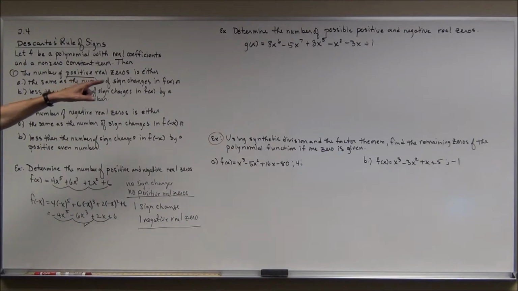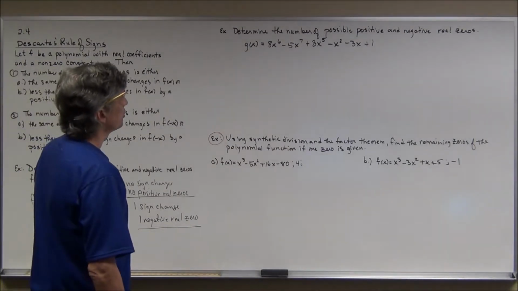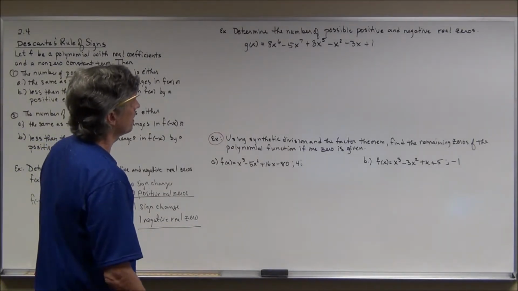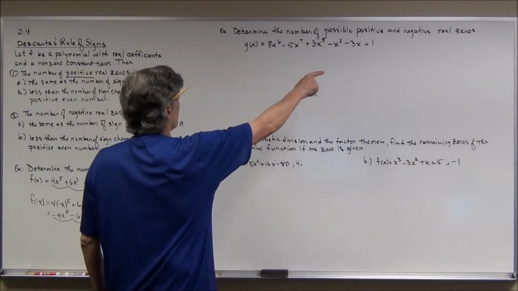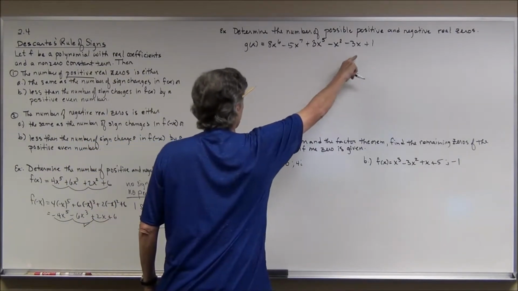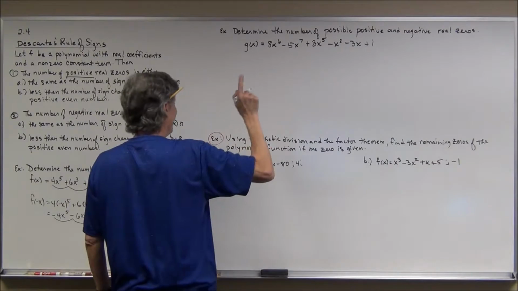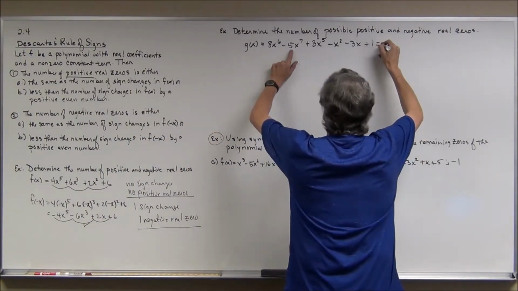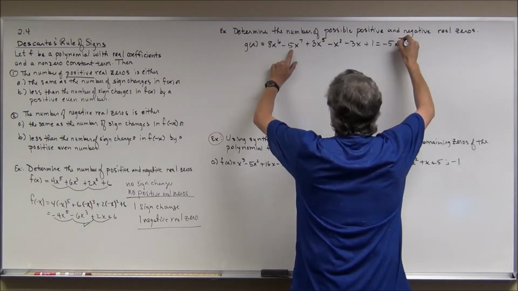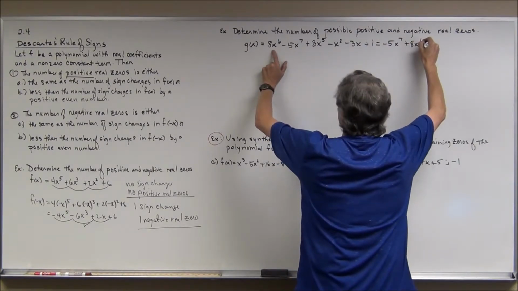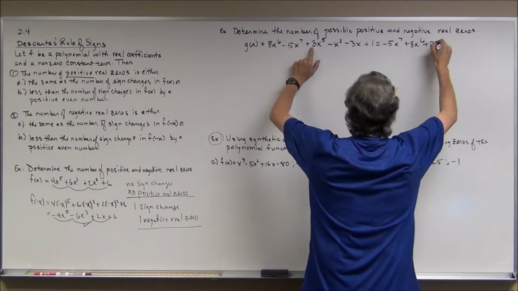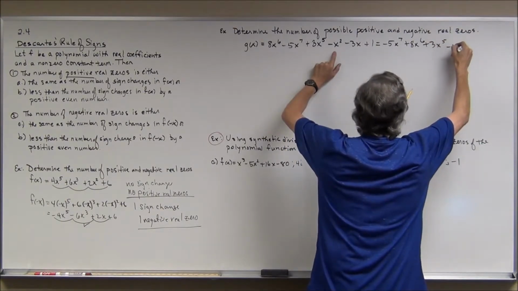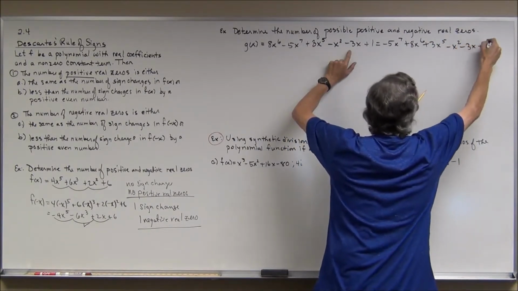Now let's look at the example over here to my right. Determine the number of possible positive and negative real zeros. And notice here, I gave you a little bit longer polynomial, and it's not in descending order. That's the highest degree. So I'm going to rewrite this as negative 5x to the 7th, plus 8x to the 6th, plus 3x to the 5th, minus x squared, minus 3x plus 1.